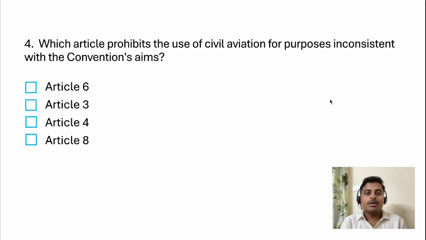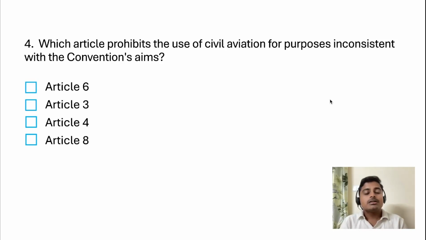Question number 4. Which article prohibits the use of civil aviation for purposes inconsistent with the convention's aims? Prohibits the use of civil aviation, right? So Chicago Convention mentions the use of civil aviation and gives some rights to these aircrafts, to these contracting states.